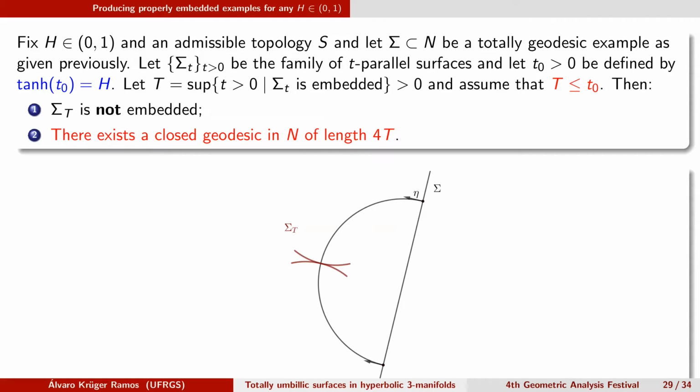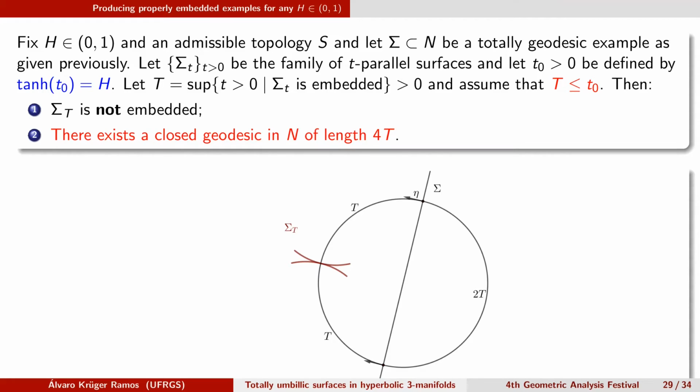Remember that sigma is in the fixed point set of an order 2 isometry of the ambient space, so you can flip. You can use this reflection and reflect this geodesic arc here and form a closed geodesic. And since we know the distance, this distance is T, this distance is also T, so this length here is 2 times T. So here you have your closed geodesic of length 4 times T.